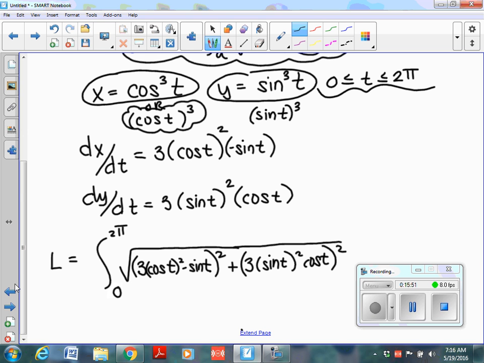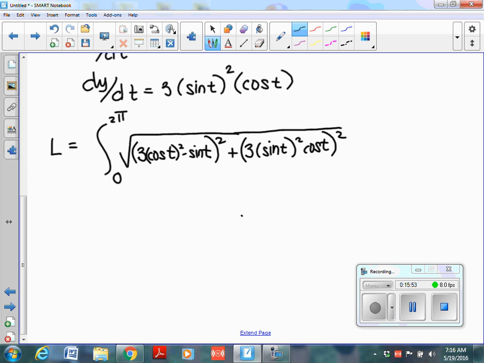So, all I'm going to do now is simplify all this, integrate from 0 to 2 pi.